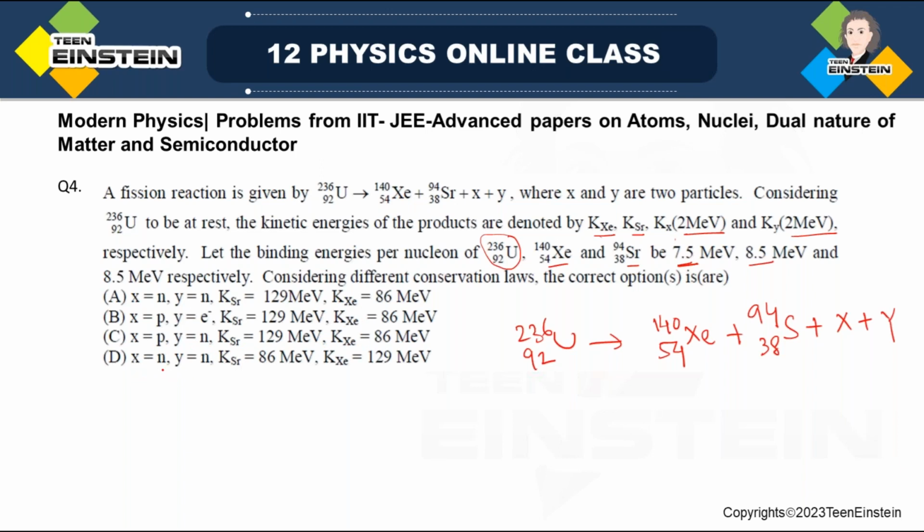And D says both the particles are neutron with kinetic energy interchanged, like strontium has kinetic energy 86 MeV and xenon has 129 MeV. So now you have to find out which option is correct.